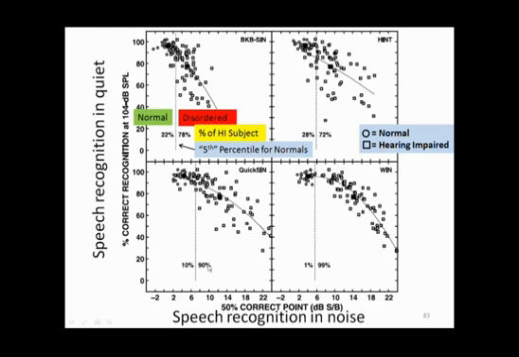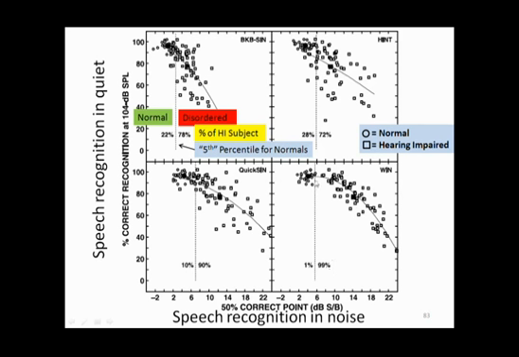10% and 90% for the QuickSIN, and then look over here, the Words-in-Noise test. Only 1% of the subjects with elevated pure tone thresholds are inside the normal limits for speech recognition in noise with the WIN test, but 99% of the subjects with elevated pure tone thresholds are below normal limits.